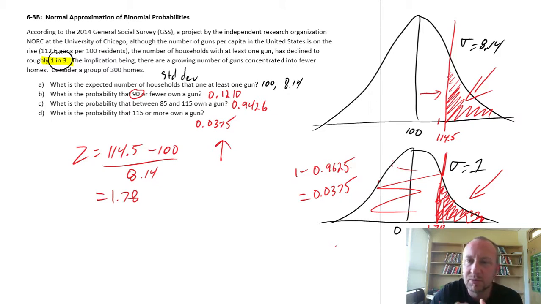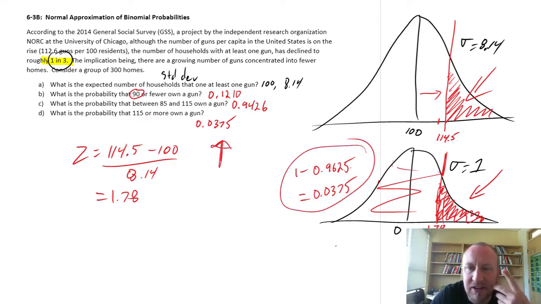If we're comfortable with the symmetry of the distribution, we can use that to our advantage and skip this little step. But it's a small step, so it's not worth the risk of a silly mistake. Hopefully that helps. With these normal approximations, the only thing that is usually a real annoyance is these continuity correction factors. But once you get the hang of that, it shouldn't be a problem.